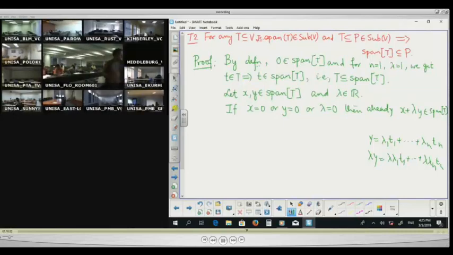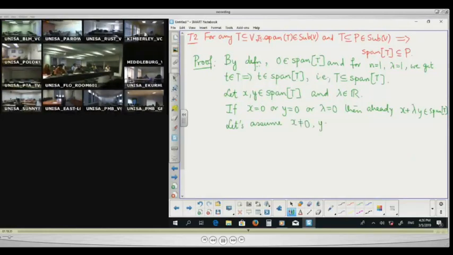You have already told me that x plus lambda y is in the span. So let's assume x is not equal to 0 and y is not equal to 0, as well as lambda is not equal to 0.